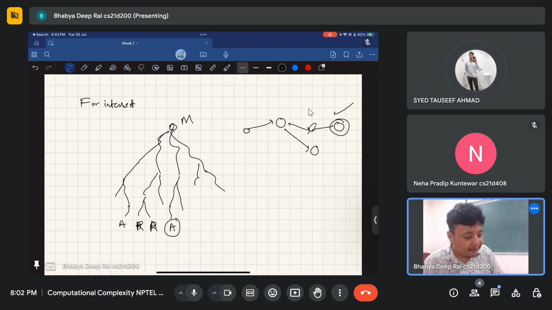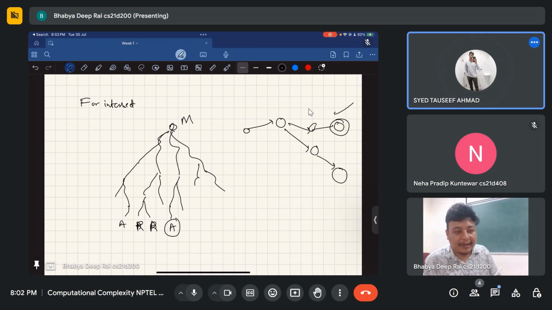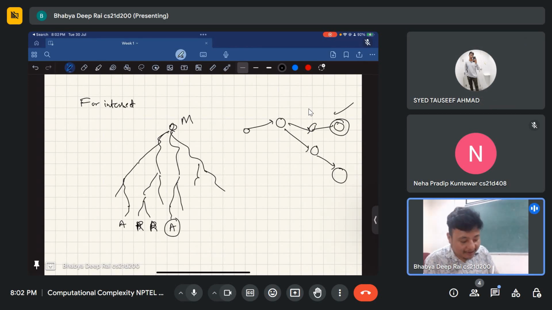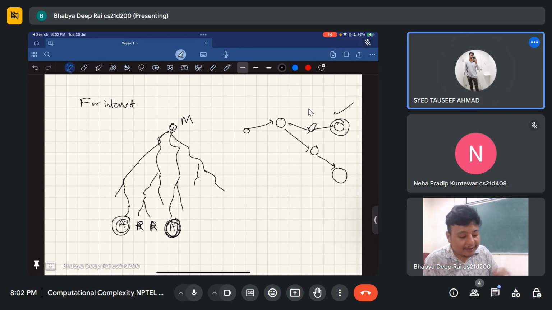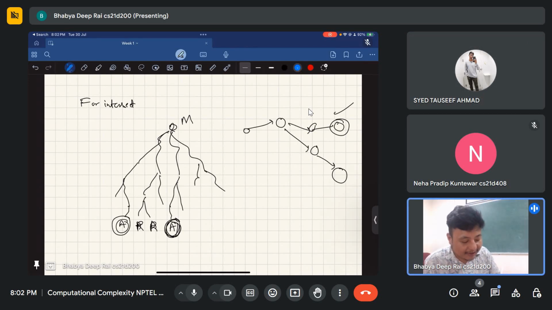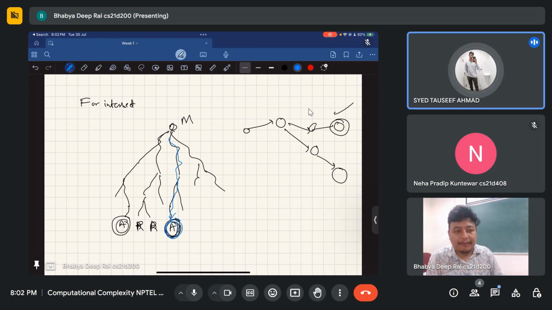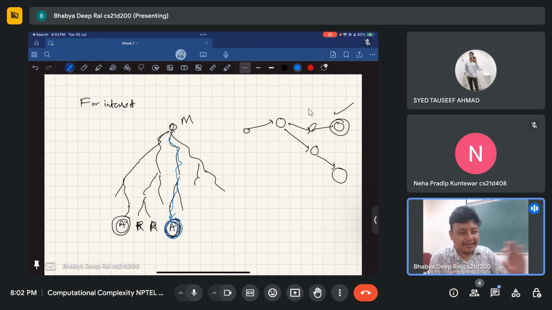So similarly, these accepts are your final states, and rejects are your non-final states. In the non-deterministic Turing machine, it works this way: even if one path on that particular string lands on an accept, then I'll accept. That much is clear.